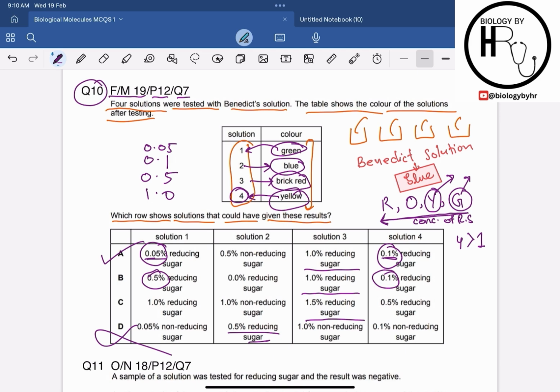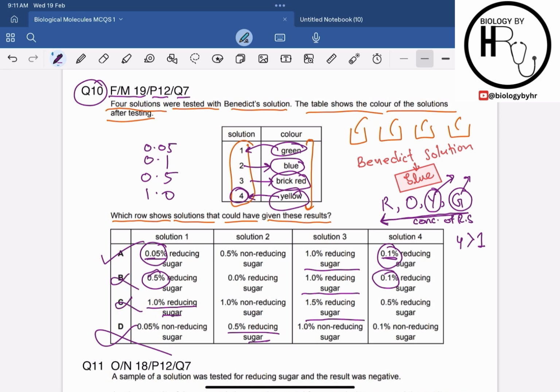Because option C is giving 1% reducing sugar in the solution 1. Now if you see over here, 1% reducing sugar is a very high concentration of the reducing sugar, and with this concentration the solution would have given the brick red or the orange color, not the green color, right? So that's why we are not considering option C as well.